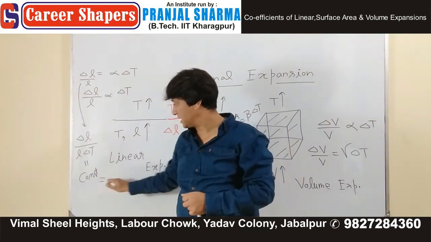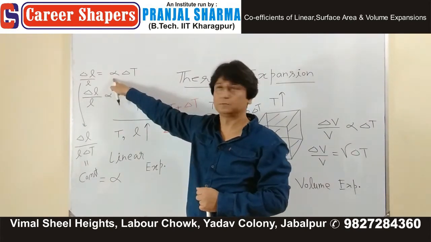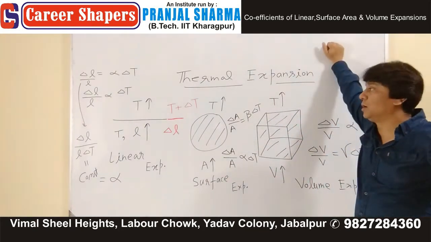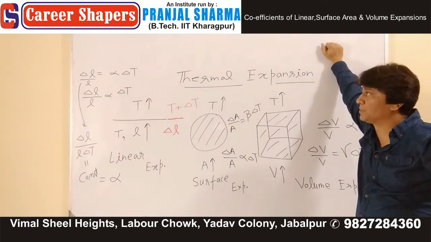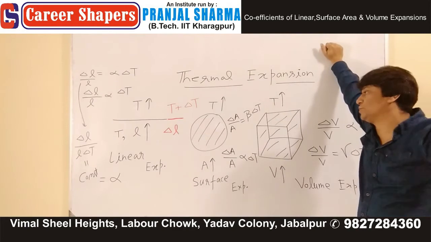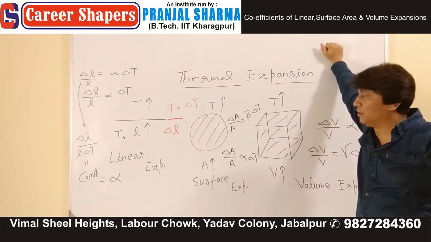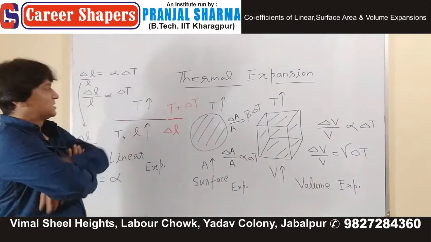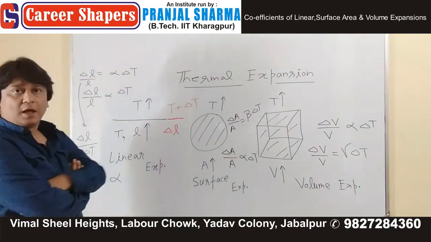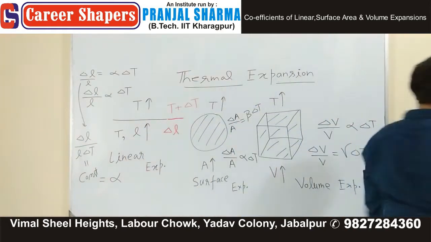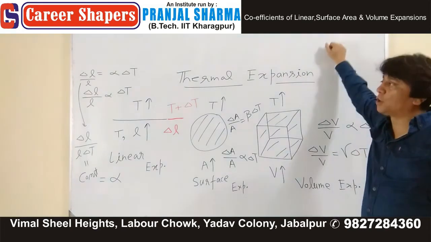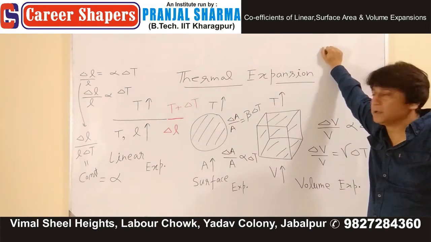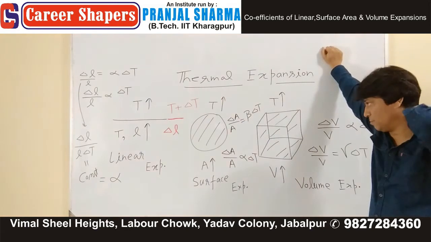And this constant is alpha. This constant is called alpha, which is also called the coefficient of linear expansion, and is a constant for a given type of material.